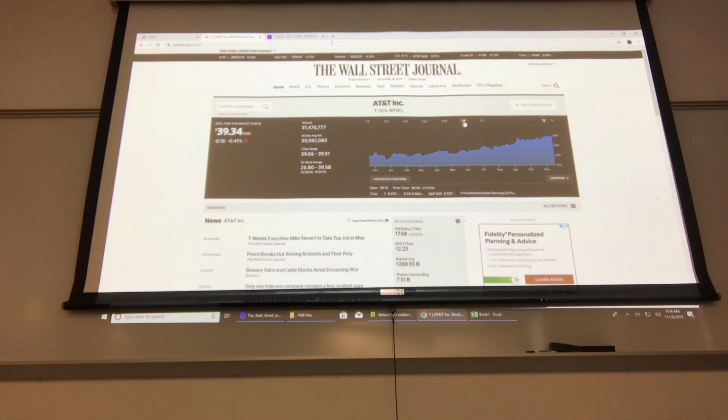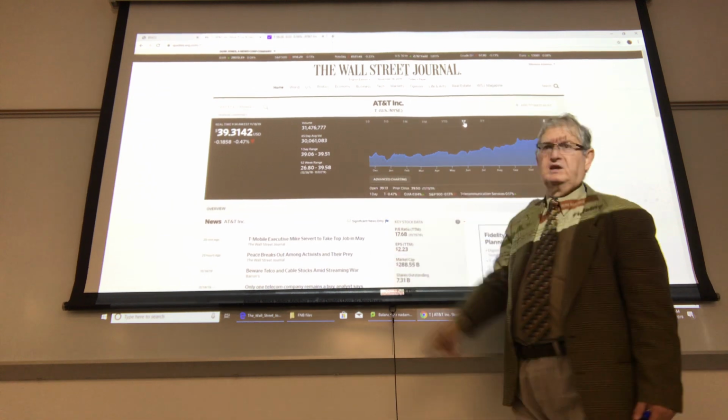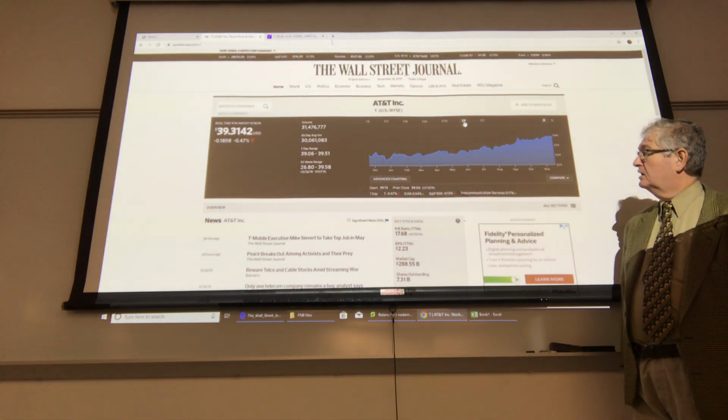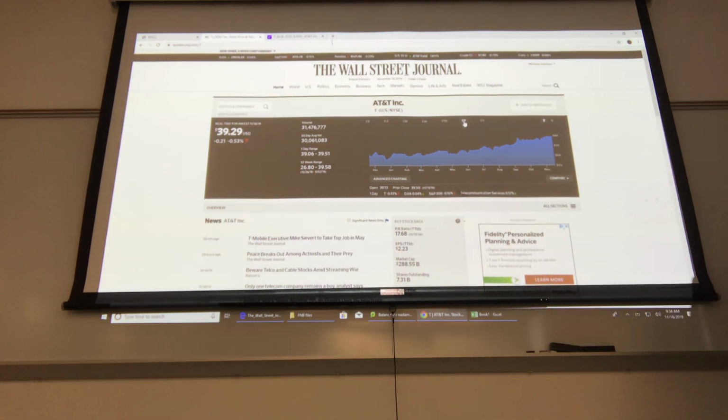So what do you see? You see that last December, we have some decline in the price. But from the beginning of the year, more or less, the price is moving up. How much? The vertical axis tells me how much. And I always want to see things in two different ways.